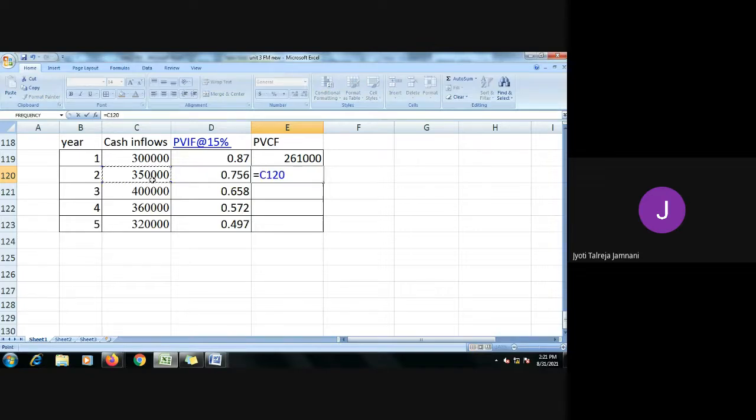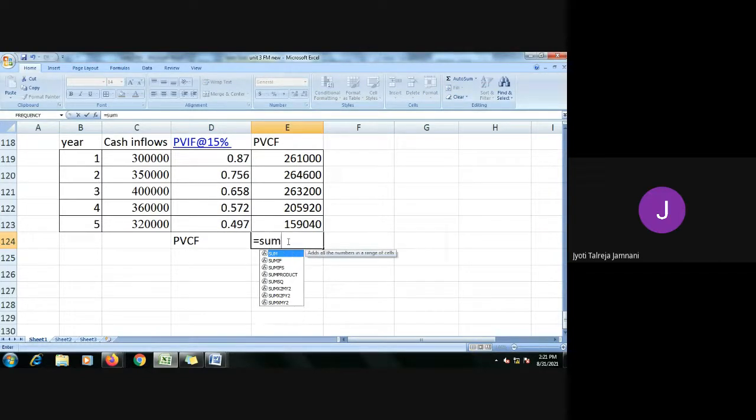Similarly, 3,50,000 into 0.756, you get 2,64,600. In the same way, we do it for the remaining years as well. Then we need to total it. We'll add all these to get the total present value of cash flows, and that comes to 11,53,760.